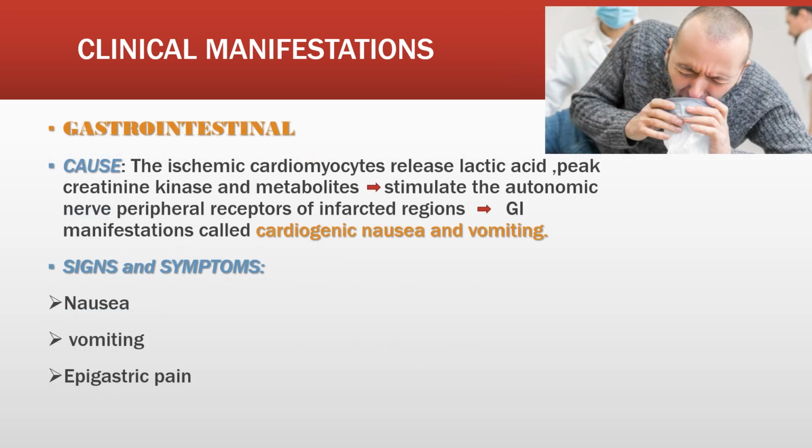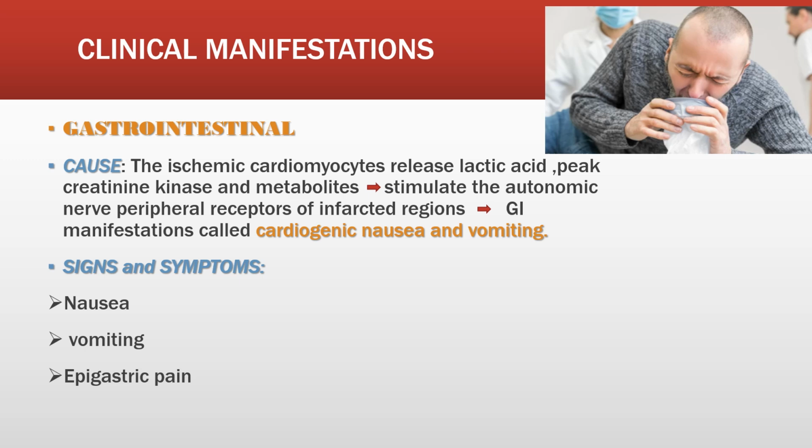Next is gastrointestinal. This is a very common sign you will see among patients with MI. They will complain of nausea and vomiting, and they will vomit. Why? Because your ischemic cardiomyocytes, that is your cardiac heart muscle, release something called lactic acid. They increase the creatinine in your body and the metabolites.